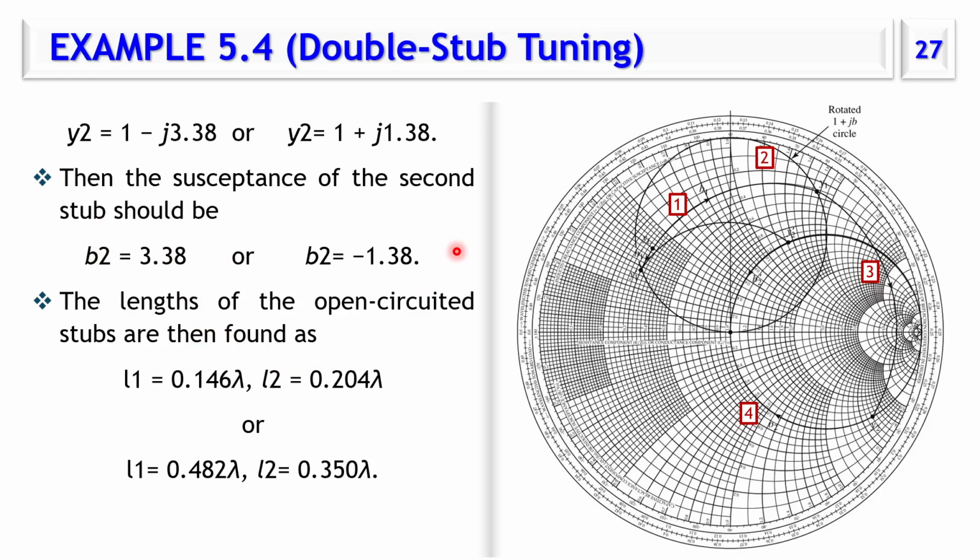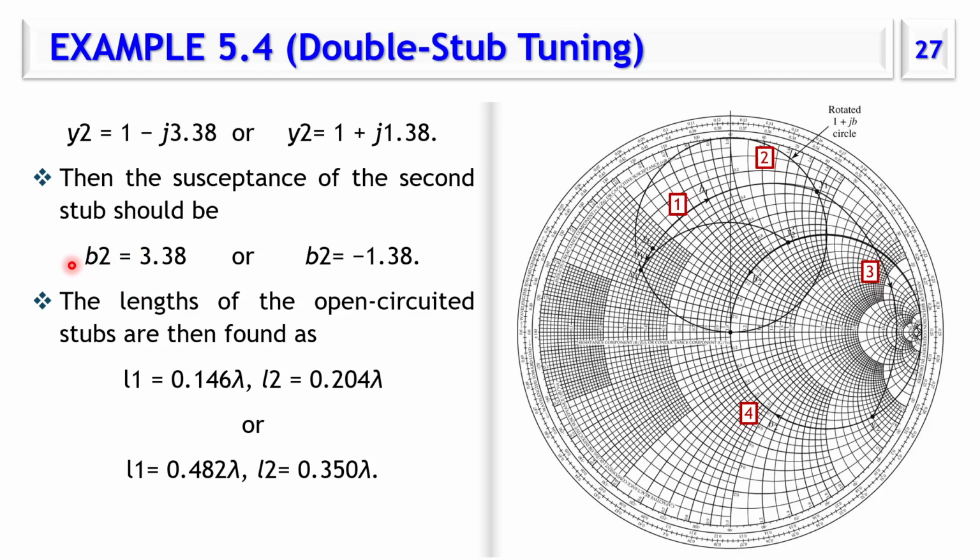And from this value we can find the length of the open circuited stub. This is inductive, so open circuit would be at this point, so L1 would equal 1.4, and L2 equal 0.24. So we have the solution here.